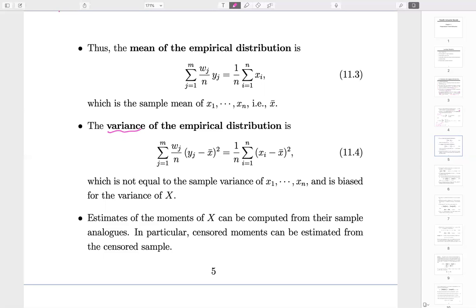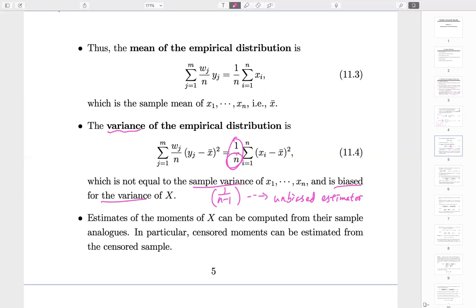That's because we divide by n. For the sample variance, you divide by n minus 1, because when we define it as 1 over n minus 1, we get an unbiased estimator. That means 11.4 is a biased estimator, because it divides by n.